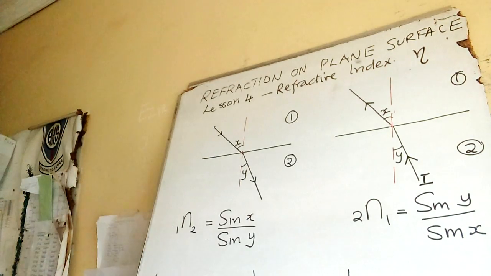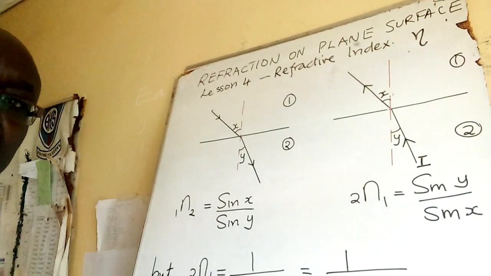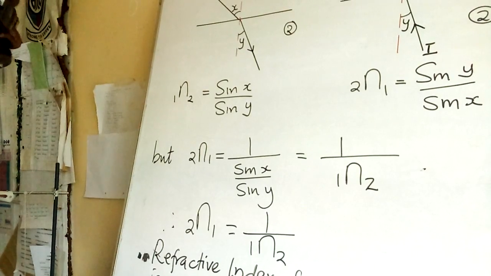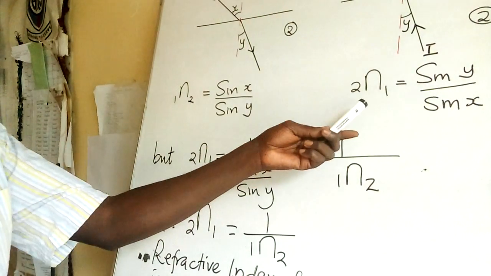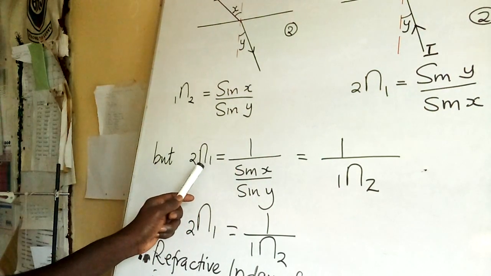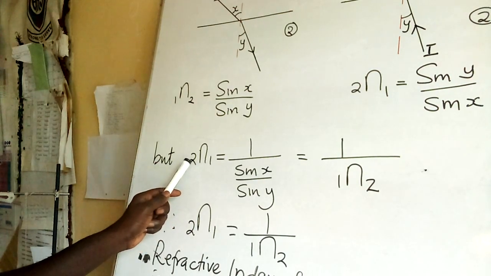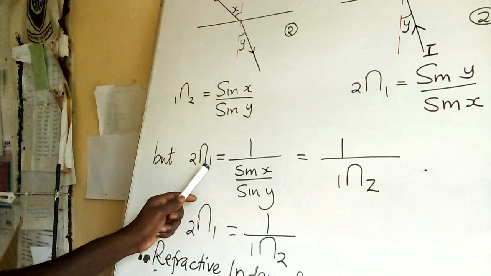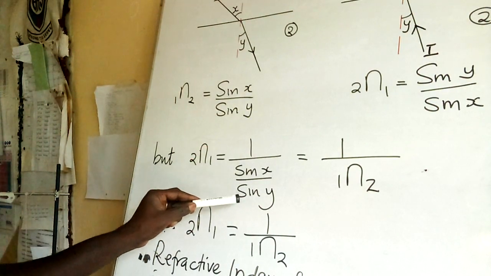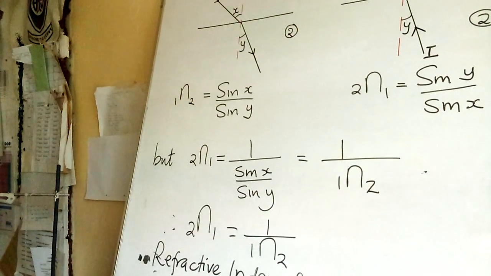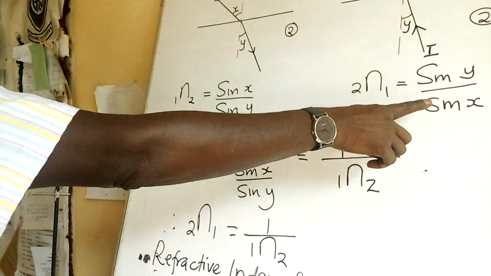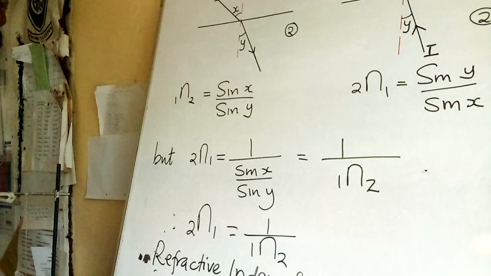But I want us now to draw our attention down here. Let me focus the camera down a bit. There, I think we are able to get especially this part. I've just picked this and written it here now. 2n1 is equal to, if I write 1 over this expression, it gives me sin y in the numerator.